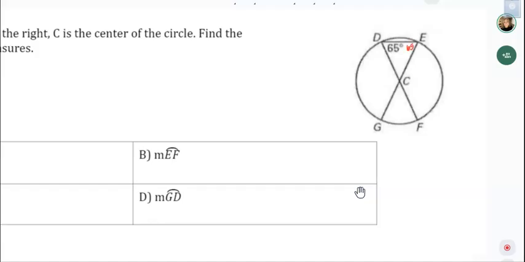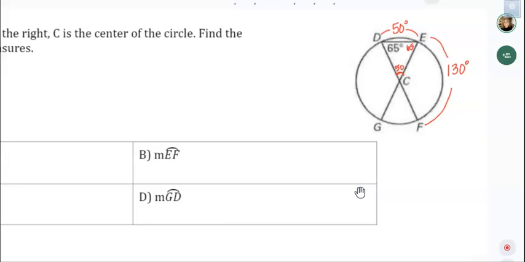So how big is my angle here? 50. So if this is 50 degrees from D to E, how big is E to F? 130.